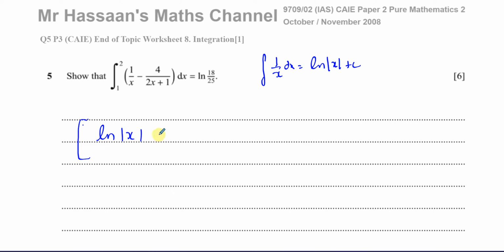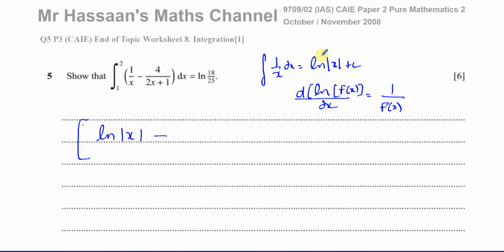Now you have minus, and this is 4 over 2x plus 1. Here we have a similar kind of idea. What we notice is when you differentiate the ln of any function of x with respect to x, you end up with 1 over that function, just like we get 1 over x.